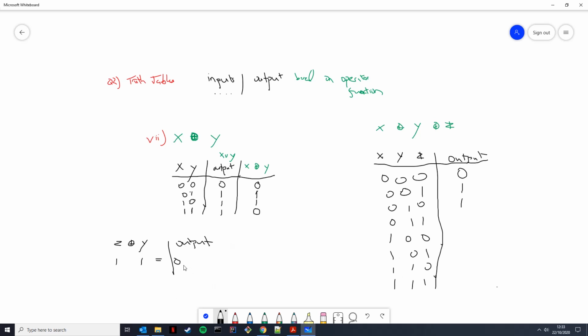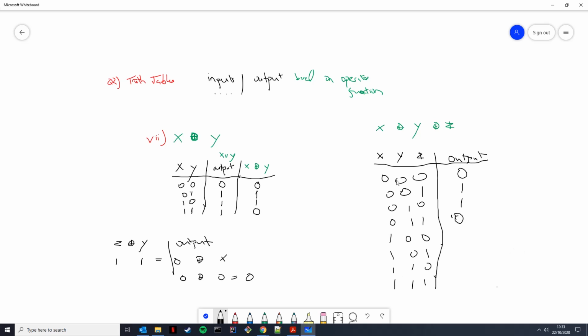Now, take this output, which is 0, and you do XOR with the last one, which is X, which is 0. 0 XOR 0 equals 0. That's going to be 0.